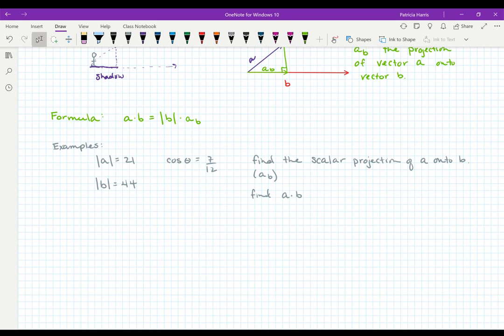Okay, so here we go. So we have two formulas working for us. We have A dot B is equal to, excuse me, got that. Okay, and then we have our new guy.